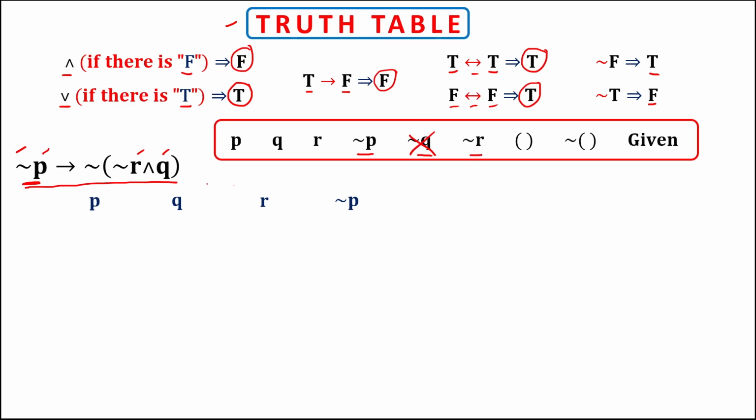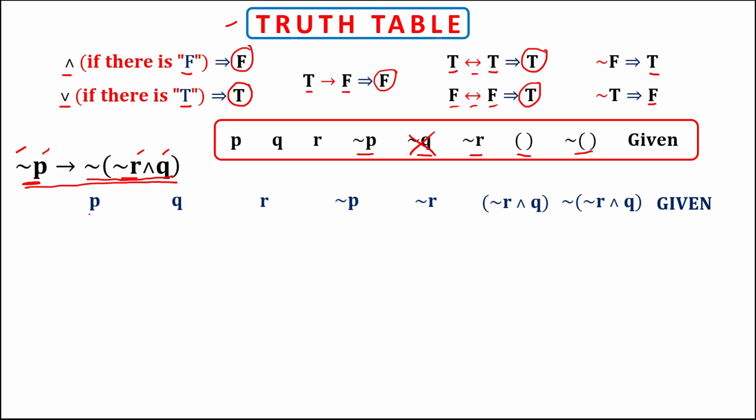Then the negation of R, since there is a negation of R, we need to include it. Then the parentheses, so inside the parentheses, the negation of R and Q. Then we have the negation of the parentheses. Then the last column must be the given.